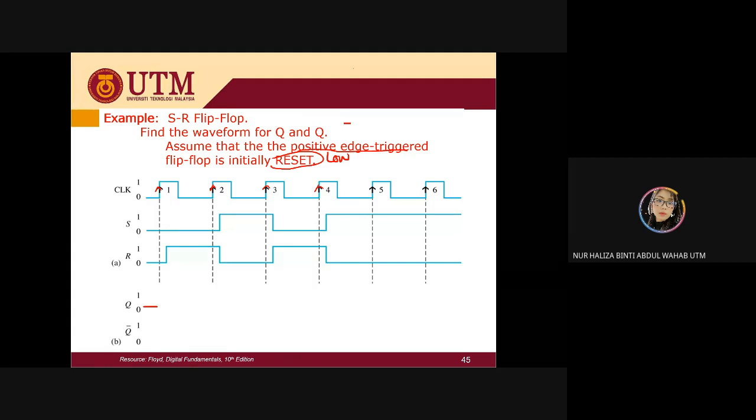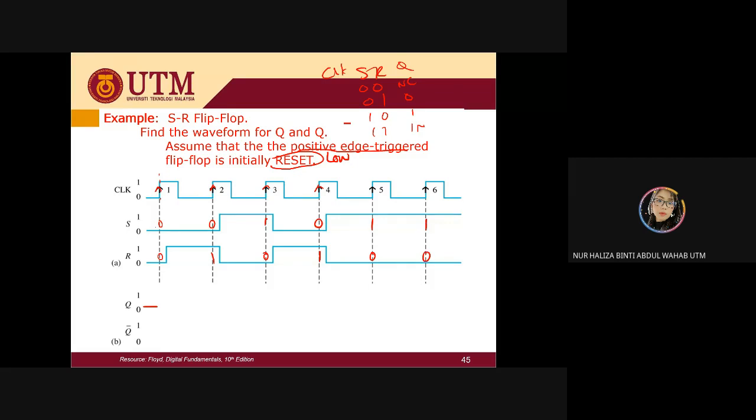SR flip-flop, which means you need to refer to the table of SR, CLK, 0, 0, 0, 1, 1, 0, 1, 1, invalid, set, reset, no change, Q. Now, we're going to look into our clock already dotted, okay? So I'm going to fill in the values only. Here is 0, here is 0. This one is 0 and 1. 1 and 0. 0 and 1. 1 and 0. 1 and 0.